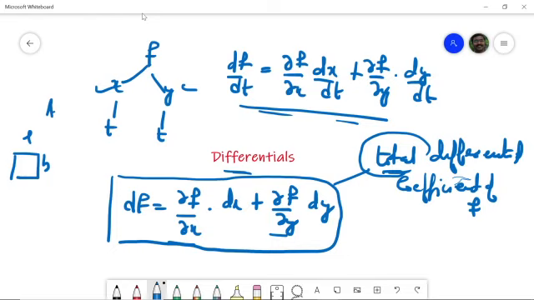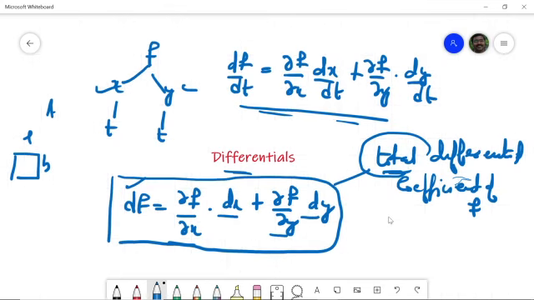So the theory of differentials will help you compute the errors in the dependent variable by comparing it with the errors in the independent variables. In other words, you can compute the errors in f with respect to the errors in x and y. This is the application of differentials.